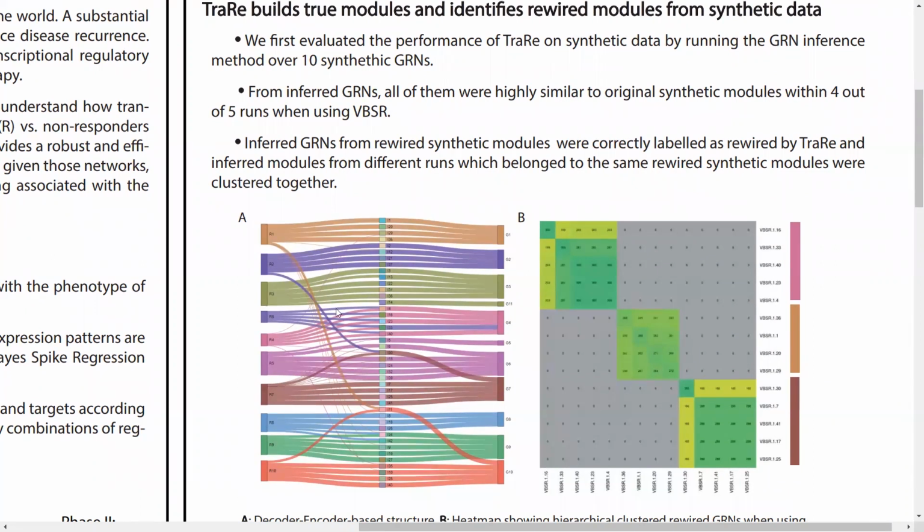Here we see how synthetic GRNs are correctly uncovered within each run and group them together according to a clustering technique to recover the original synthetic GRNs. On the rewiring side, 3 synthetic modules were originally enforced to be rewired, and again TREWIRE correctly uncovers them and groups them together across runs, yielding robust rewired GRNs.